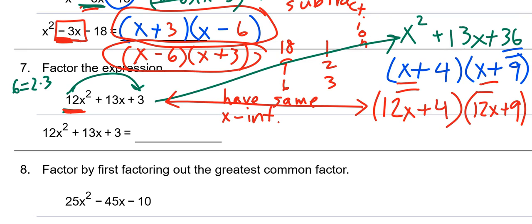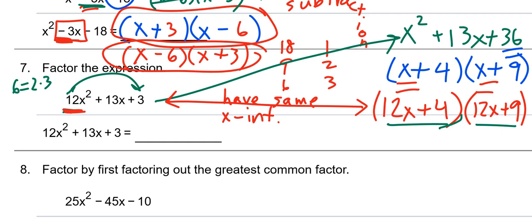There is something that needs to be removed. In order to get this correct, I need to go through here and pull out any greatest common factors, because in this process of changing these, I've actually thrown in some numbers that aren't true.